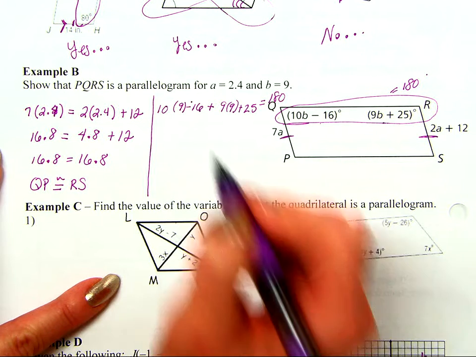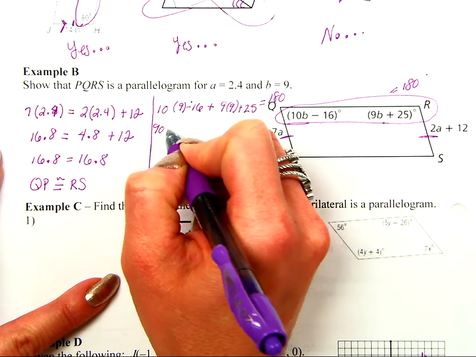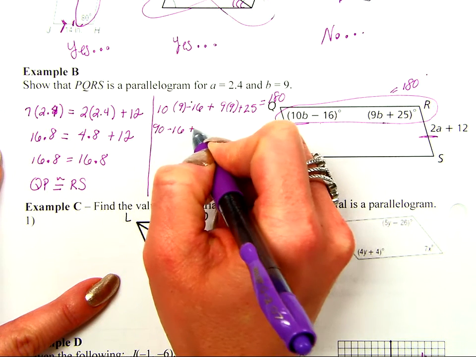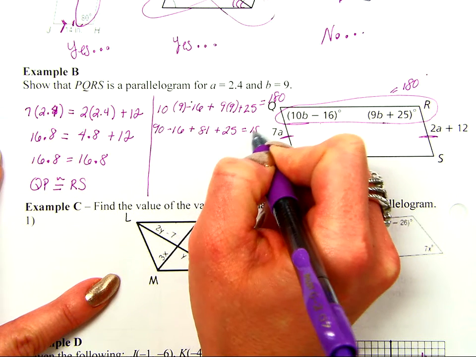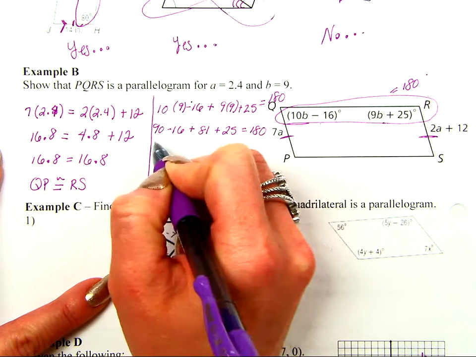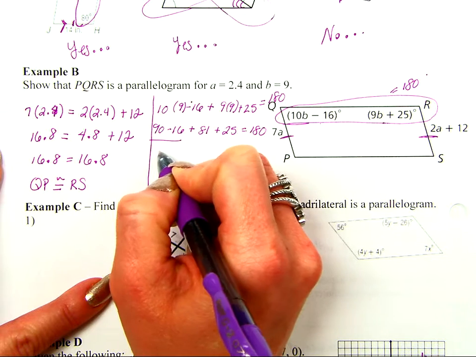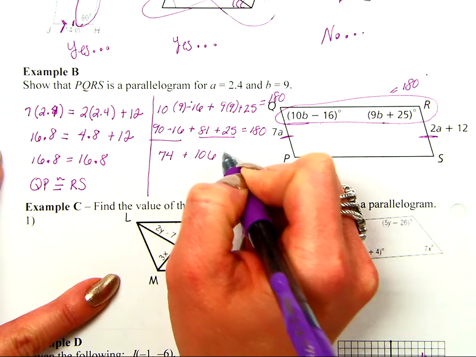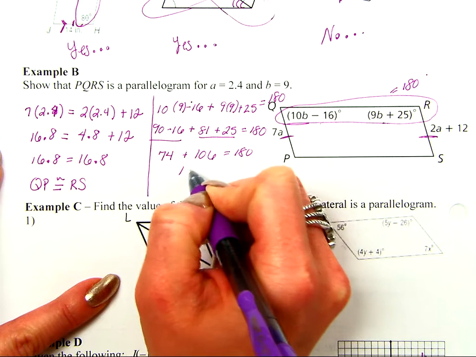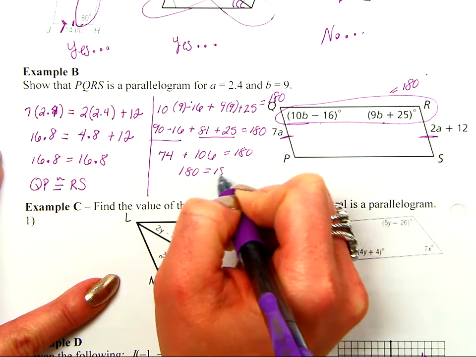And doing a little simplification here, 90 minus 16 plus 81 plus 25. This would give me 74 plus 106 does in fact equal 180 degrees.